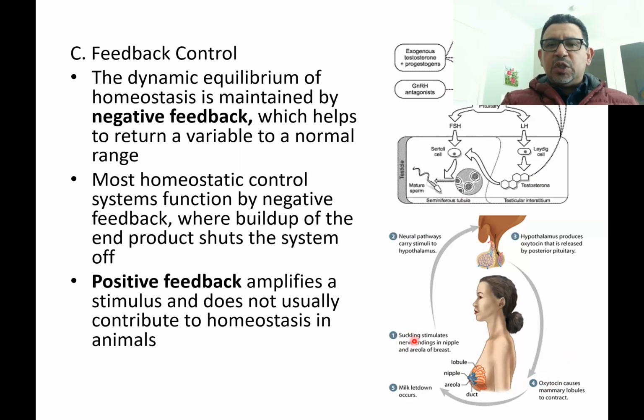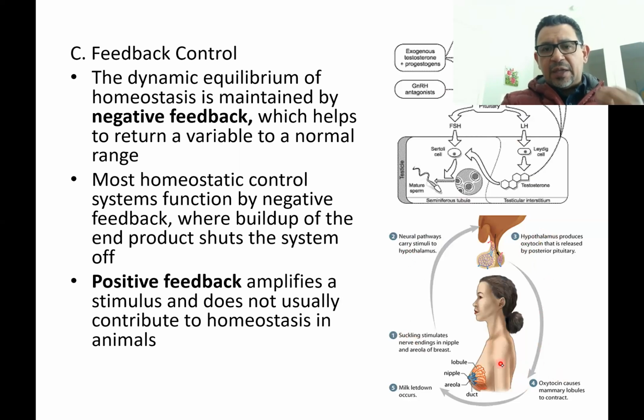That is going to provide a stimulus that goes to the hypothalamus, and the hypothalamus responds by producing more oxytocin. This oxytocin is temporarily stored in the pituitary until eventually it's going to be released, continuing to keep high levels for as long as the infant continues to nurse.